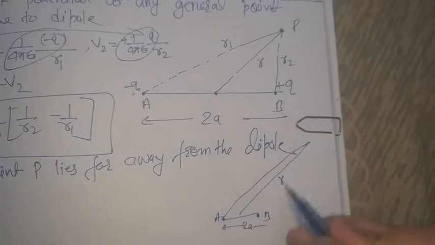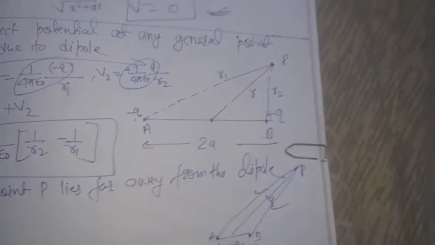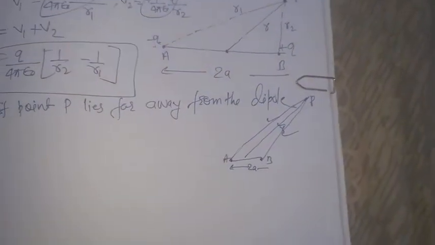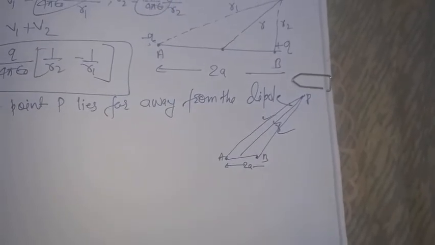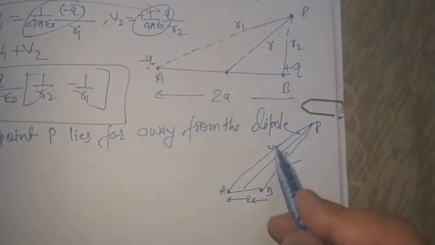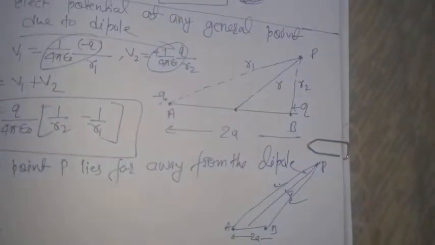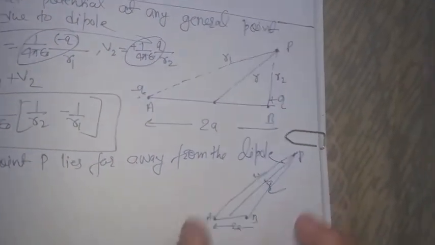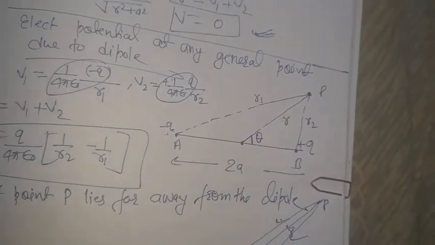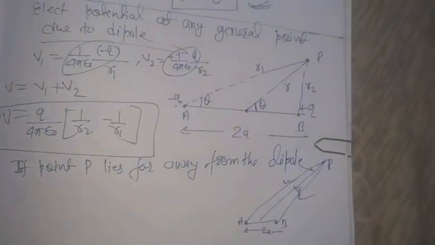If we connect this, and if point P is very far, all three distances are equal. Understand this point? If point P lies far away, then all three, r1, r2 and r, are about the same distance. Suppose this angle is theta, and since it is far away, this angle is also theta.